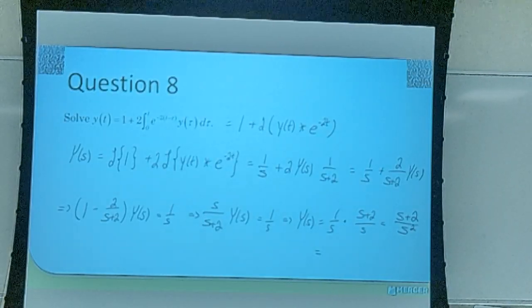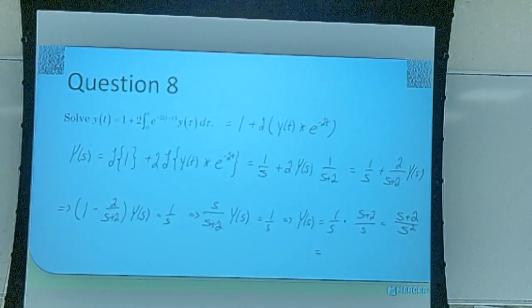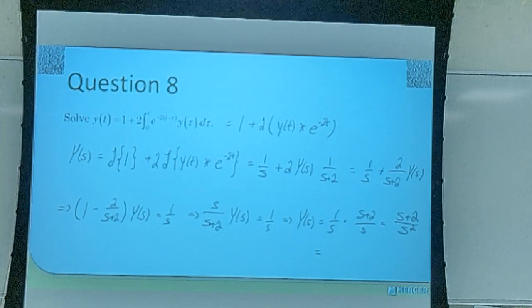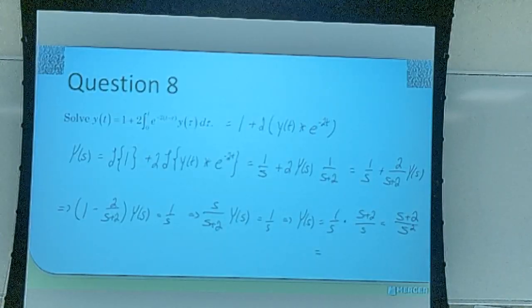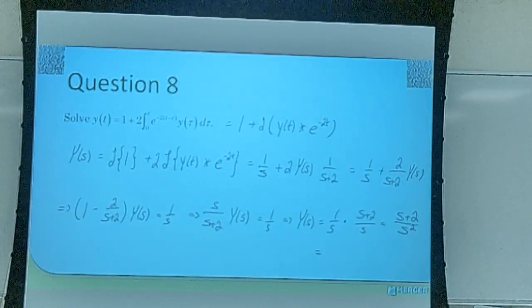It's s plus 2 over s times s plus 2 over s. It's probably not smart to do that when you're right in front.